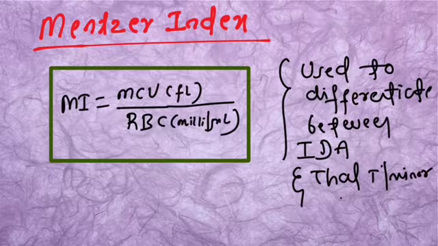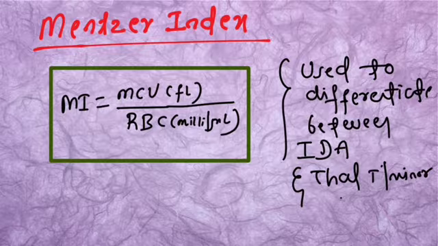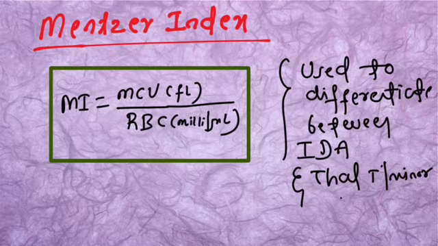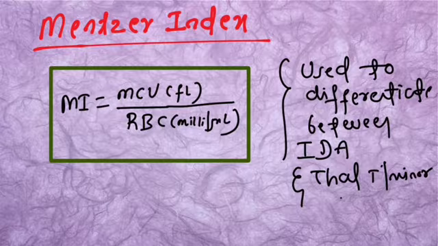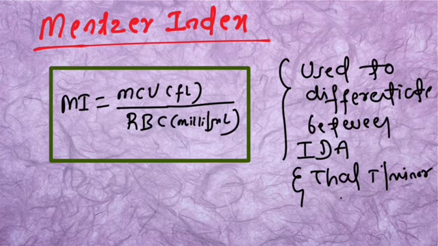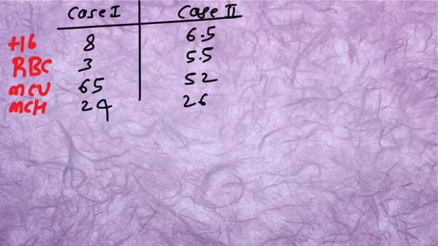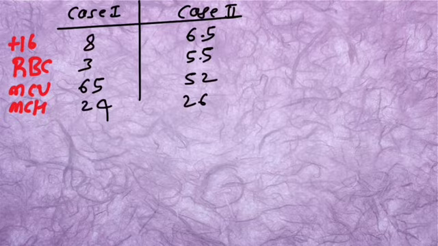To differentiate between iron deficiency anemia and thal trait, we use the Mentzer index. Mentzer index is a ratio of MCV in femtoliter divided by RBC in million per microliter. So here are case 1 and case 2, who both are anemic and both are microcytic hypochromic.